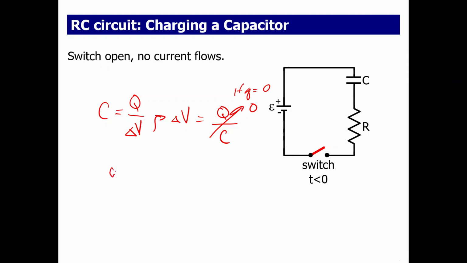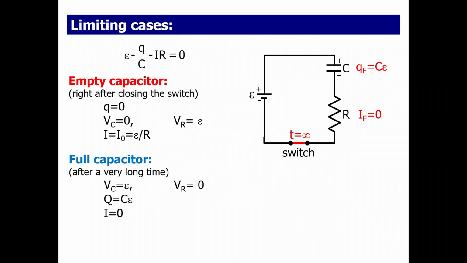So an uncharged capacitor has delta V equal to 0. So that's going to be really, really important. At t equals 0, current will start to flow, but the capacitor starts off uncharged and it starts off with no potential difference.